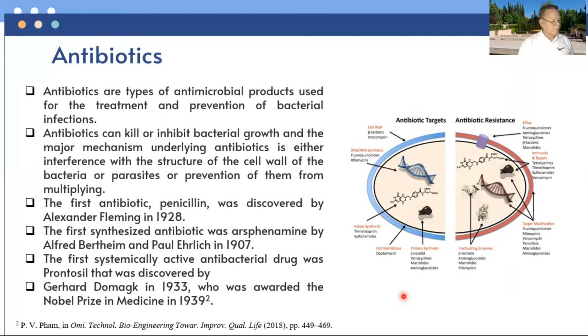Antibiotics are mainly used for the treatment and prevention of infection. Antibiotics can be used to treat bacterial infection, protozoan infection, and immunomodulation. They can also be used for preventing infection after surgical wound and dental wound.